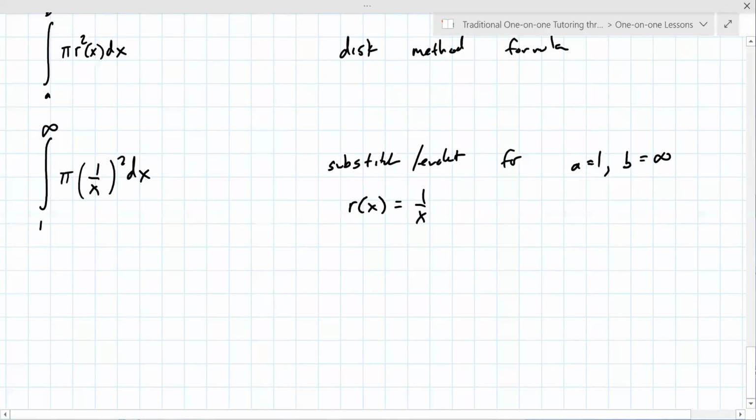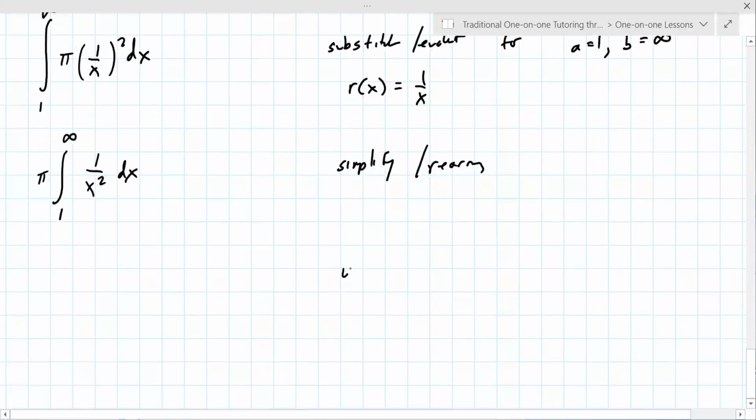And then from here we did some simplifying or rearranging. So pi integral from 1 to infinity of 1 over x squared dx. And then we used a limiting approach.